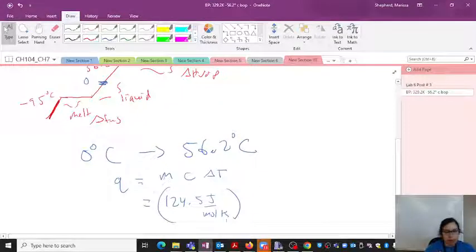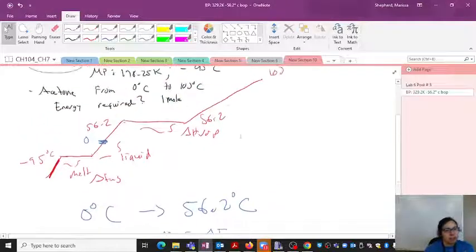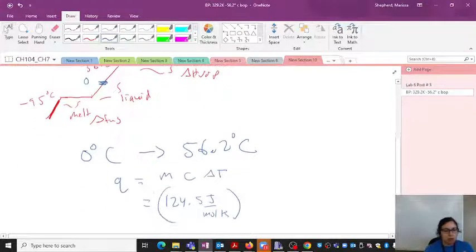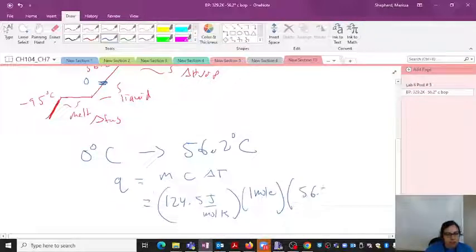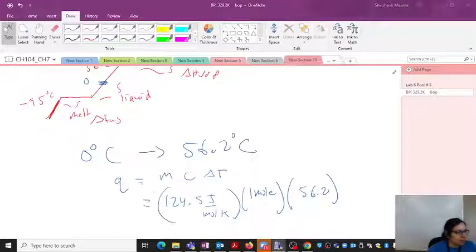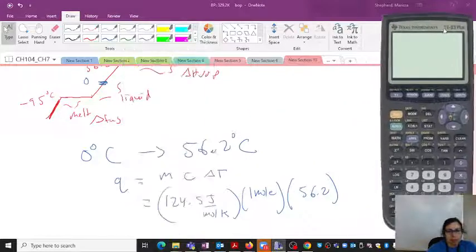Even though we'd seen mass before, that's just what water tends to be given in. So in this case, we'll keep it in moles, times 1 mole, since that's the amount we were given. And then our delta T is just 56.2. And so let's plug that into our calculator for our first part: 124.5 times 1 times 56.2.